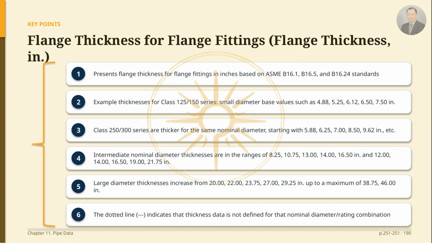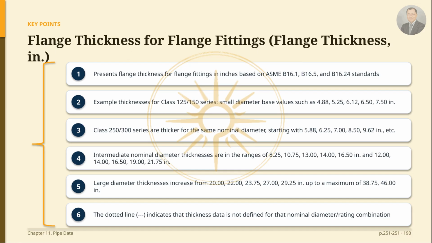This table is a reference document summarizing the thickness of flange fittings in inches according to ASME B16.1, B16.5, and B16.24 standards. For the class 125 to 150 series, it starts with small diameter values such as 4.88 inches, while the class 250 to 300 series consists of thicker values such as 5.88 inches compared to the same nominal pipe size.